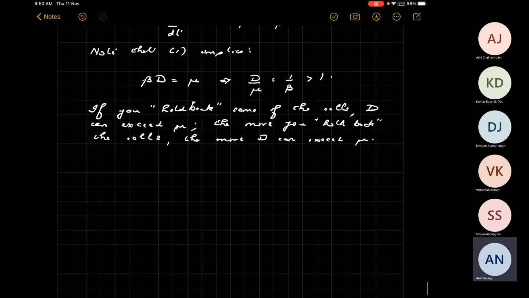Now, the question we want to ask is, what do the steady states look like? We've shown that it's very easy to make D become bigger than mu. But what do the steady states look like?